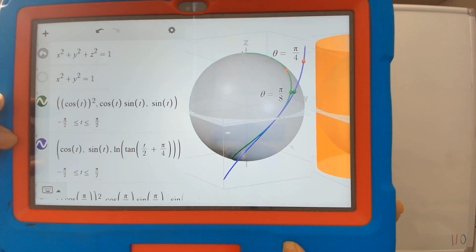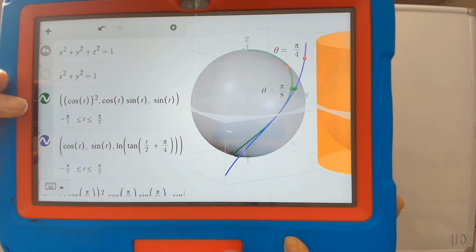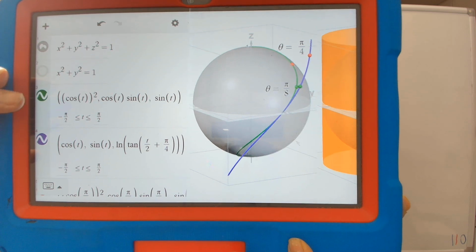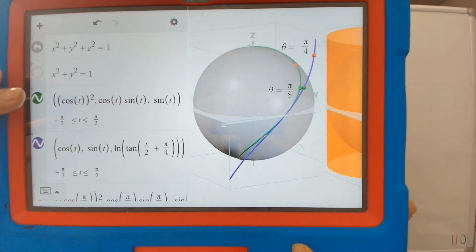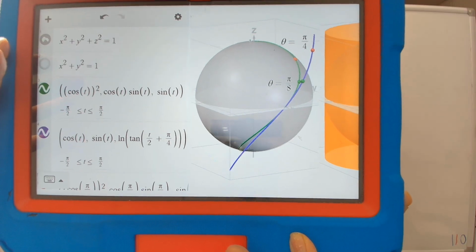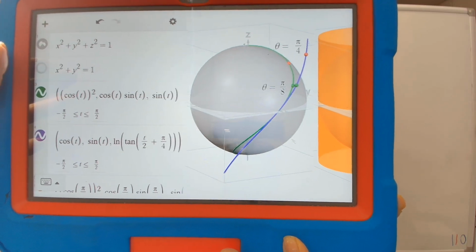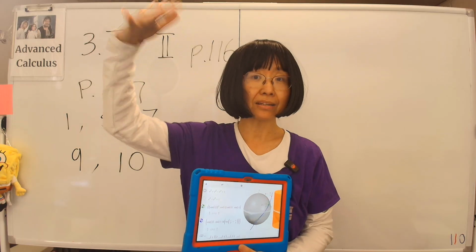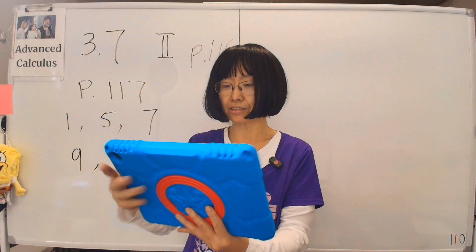The green point on the sphere is translated to the green point on the cylinder, and then the orange point on the sphere is translated into the orange point on the cylinder. As you can see, the higher you go, the closer to the North Pole, the higher that projection on the cylinder is going to be.